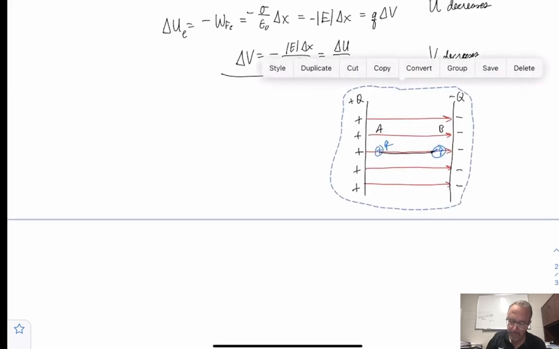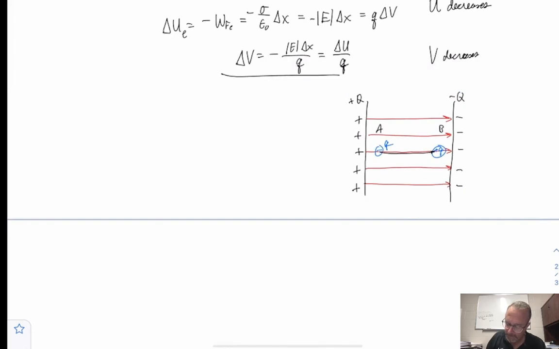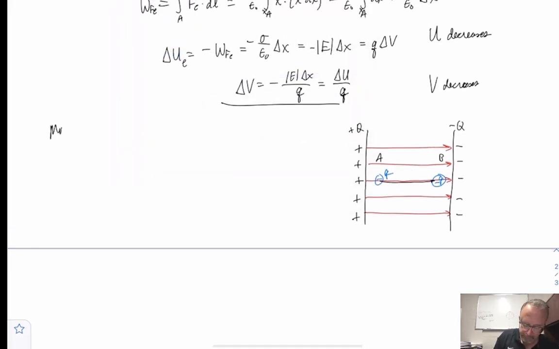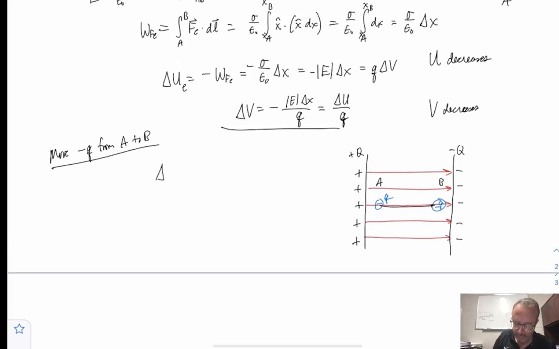But now we're going to change that to not be positive, but to be negative. Okay, so same thing, move a negative charge minus Q from A to B in the same parallel plate capacitor or steady electric field.